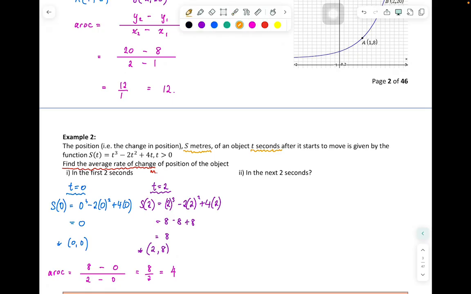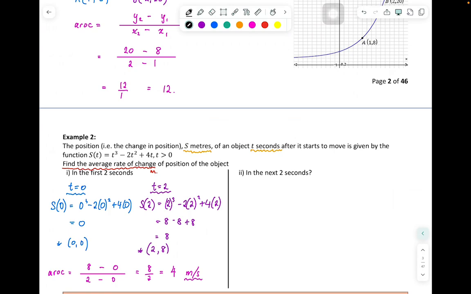It shows that we are changing 4 meters for every second, or 4 meters per second. It's the exact same reason why we have our y at the top, which is our s in meters, and we have our x values at the bottom, which is t in seconds. So make sure you write this idea of a rate at the end if there's some sort of story attached to it.